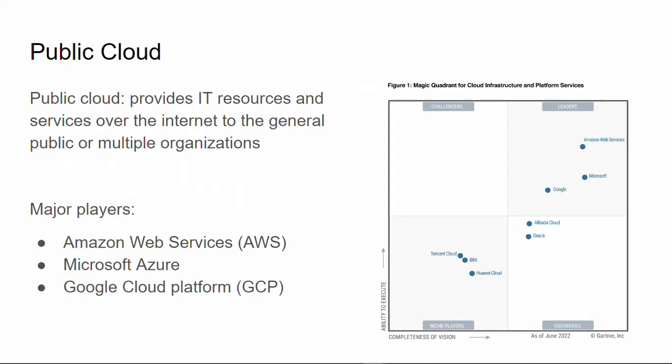The first part of this definition, providing IT resources and services over the internet, is actually a general definition for cloud computing. The second part, to the general public or multiple organizations, is where the word public comes from in terms of public cloud.